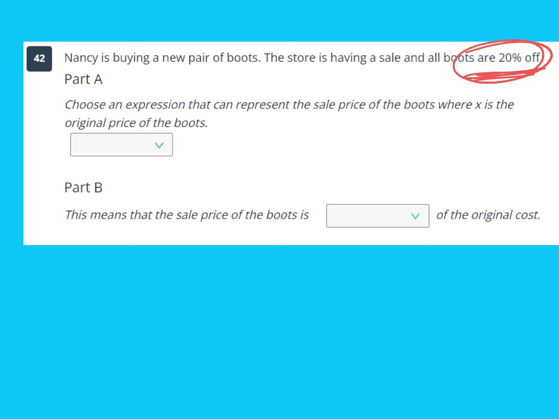So the choices are 0.2x, 0.8x, or 1.2x. Okay, got all my choices here.